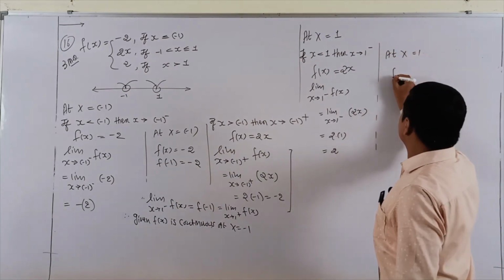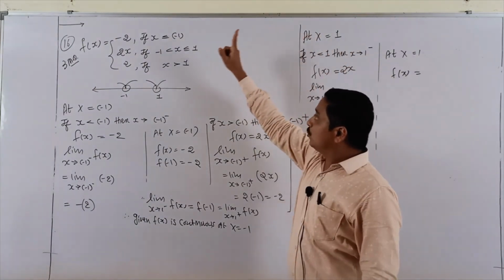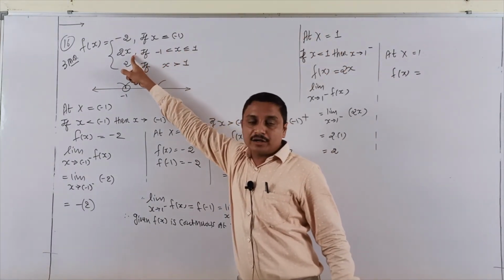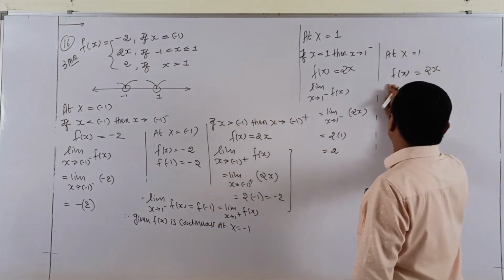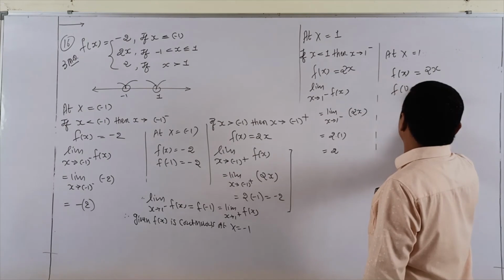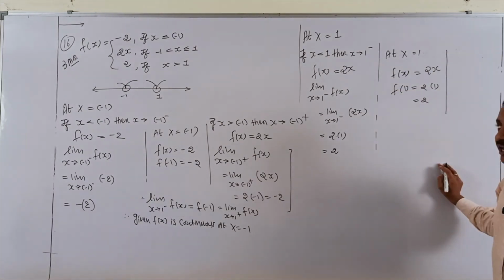Continue at x is equal to 1. Again I am asking the same question. Exactly x equal to 1. Again the middle one, not the third. It is 2x. So f of 1, my value is 2 into 1, that is 2.